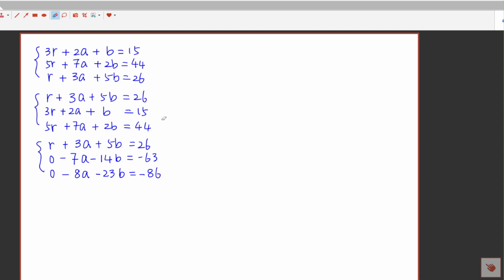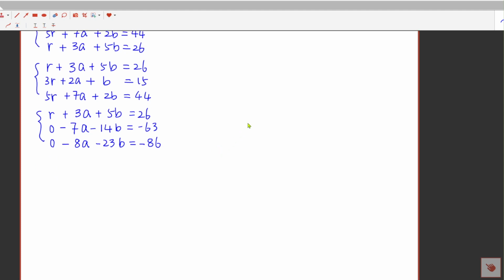And again, this transformation does not change the solution set, but we have eliminated the two r's in the second and third equation, right? And then let's see if we can simplify any of the equations to help us facilitate the transformation in the future. So the first one apparently cannot be simplified. We'll just copy that. For the second one, apparently there is a common factor 7, right?